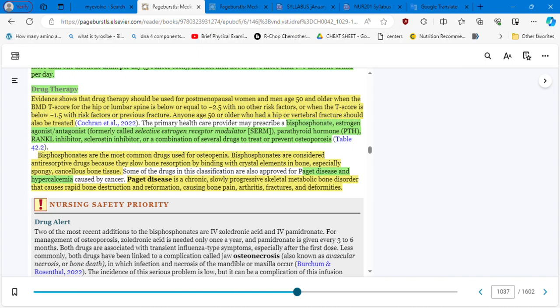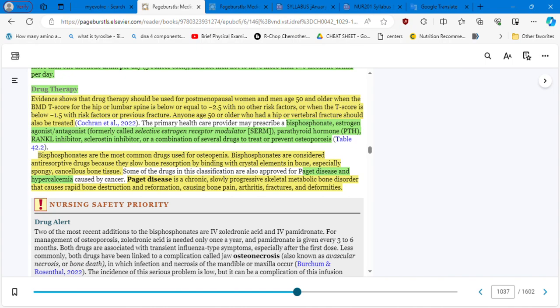So when we get to that level is when the medication is going to be prescribed, or when the T-score is minus 1.5 with risk factors or previous fracture.